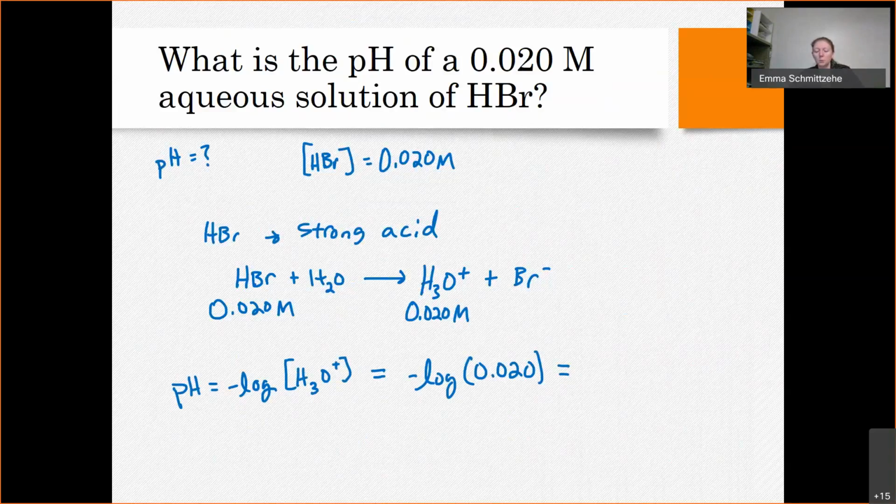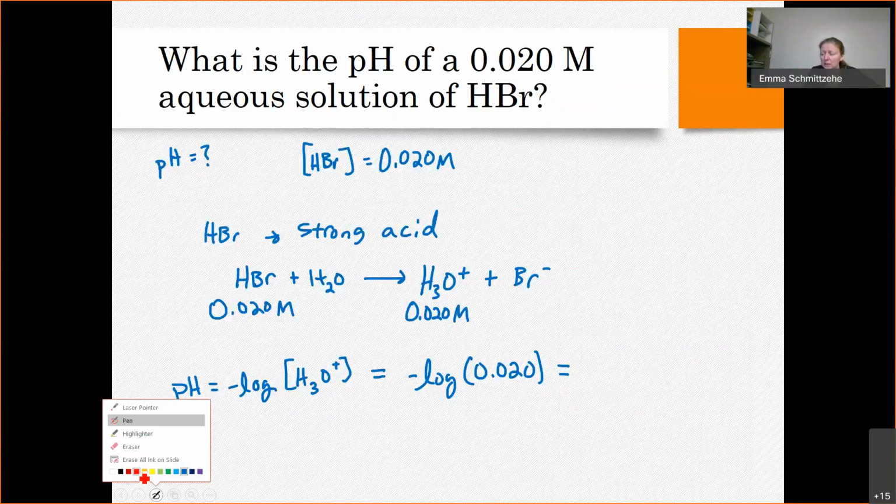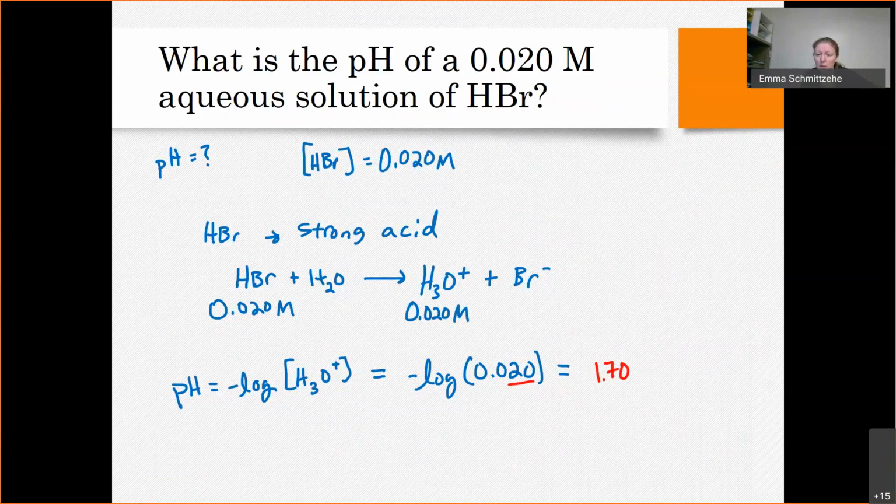So we take 0.02 and take the log of it and change the sign of that answer. For sig figs, this has 2 sig figs in the concentration, so my pH should have 2 decimals. If we round it to 2 decimals, we get 1.70.